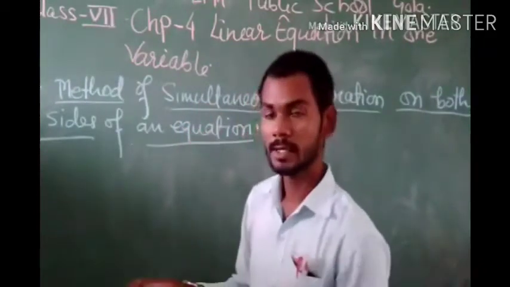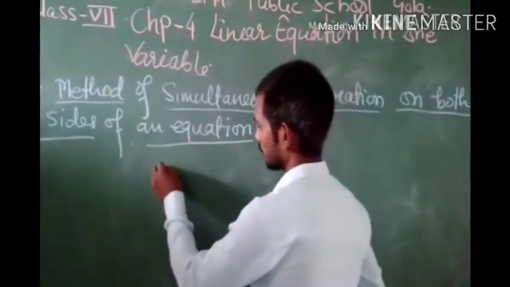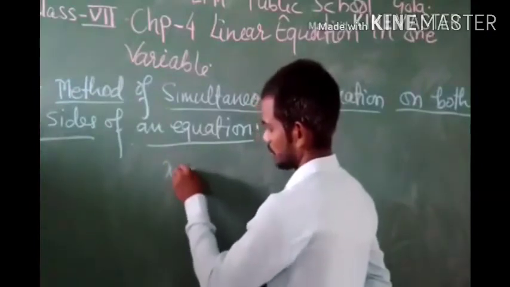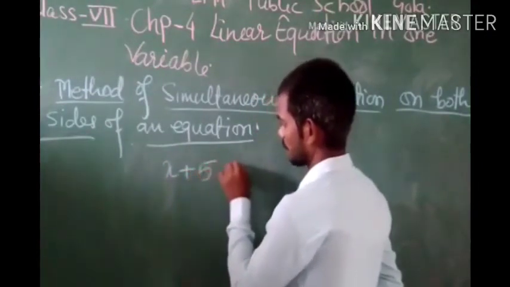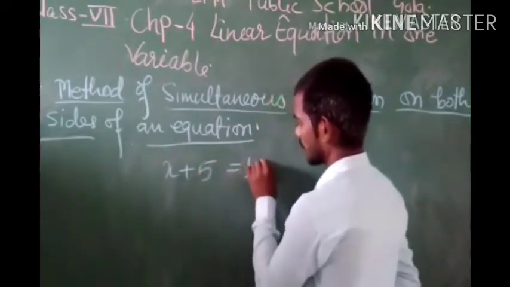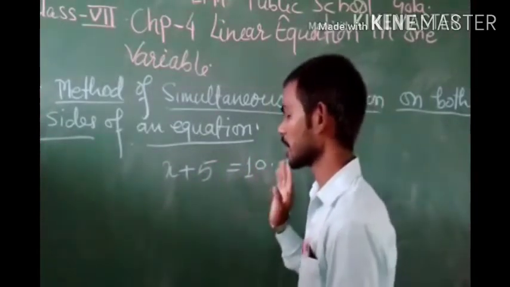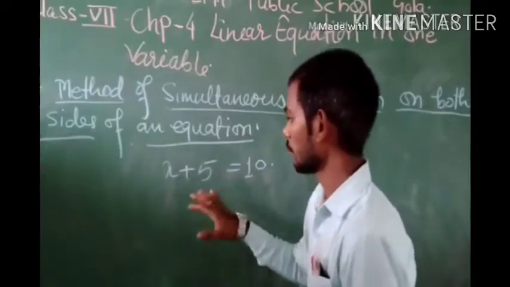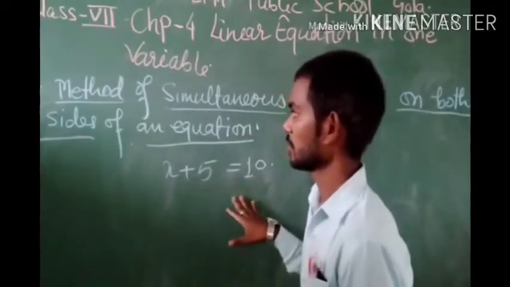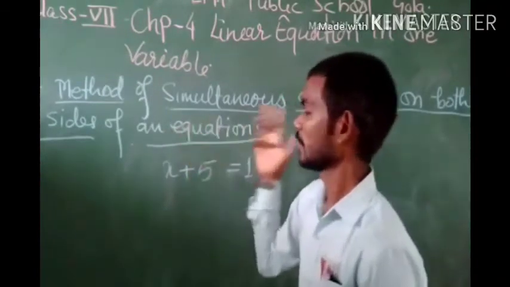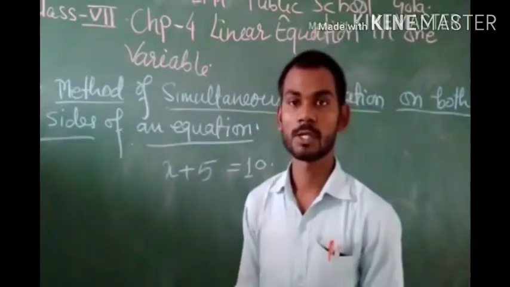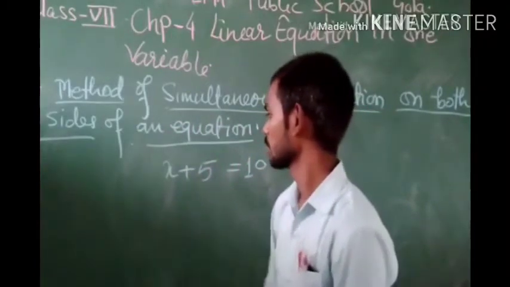Just suppose that an equation is given: x plus 5 is equal to 10. This is a linear equation in one variable. We want to solve this equation by the method of simultaneous operation on both sides of the equation.